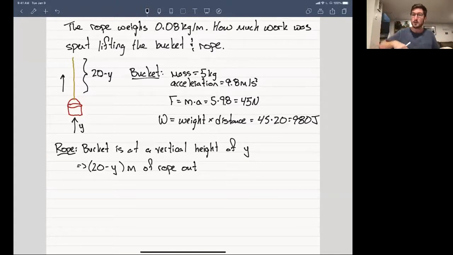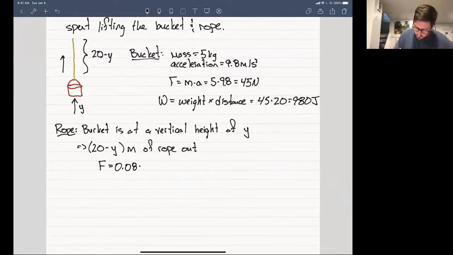We've got that pulling on us. That's gravity. So the force in this case is equal to mass per meter times the number of meters, and then times acceleration. And this is all in newtons.